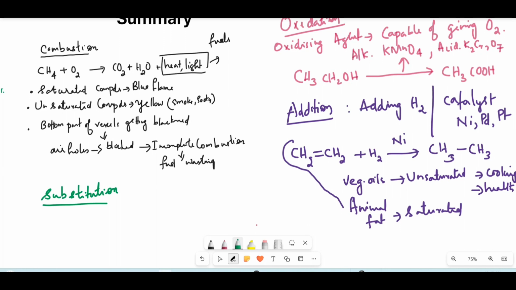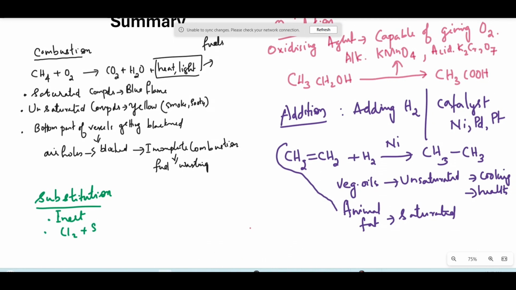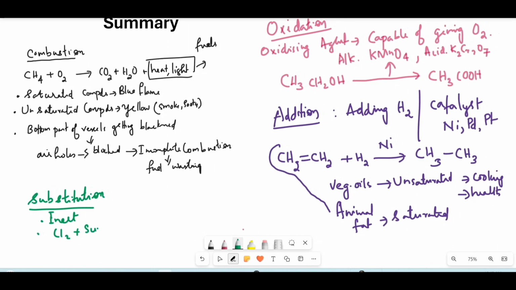For example, alkanes are usually inert. Inert means they are not reactive in usual conditions, but they undergo substitution. We can add chlorine in presence of sunlight. So for example, methane can be substituted with chlorine, and we get the product CH3Cl plus HCl. This is happening in presence of sunlight.